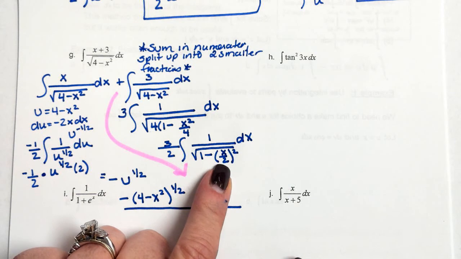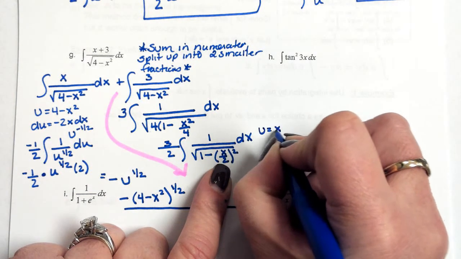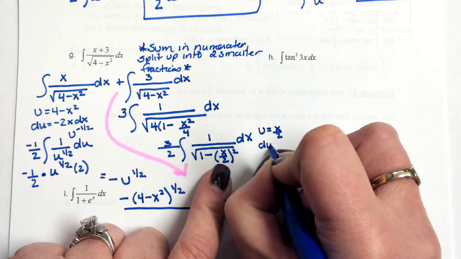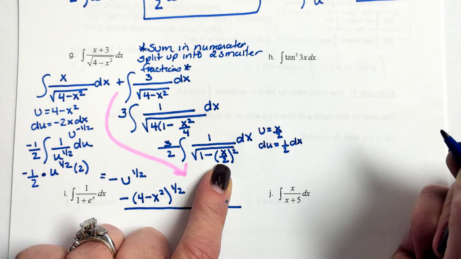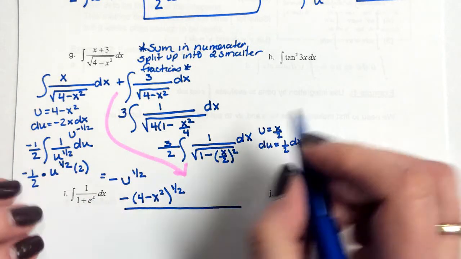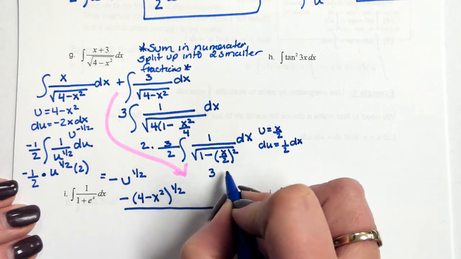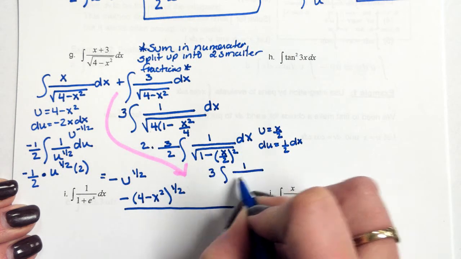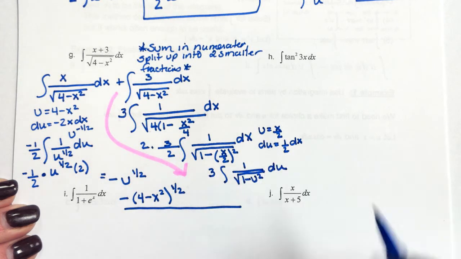So now in order to do an inverse trig, I'm going to have to do a u substitution. u is going to be equal to x over 2. My du is going to be equal to 1/2 dx. So I need to divide a 1/2 out or multiply by 2. So my constant then is going to be 3 times 1 over the square root of 1 minus u squared du.